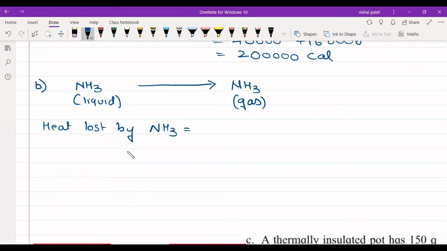So the substance which is used to cool will get heated up. That is M into L. Now we don't know the mass, students. And the latent heat, if you see in the question, it is given as 341. So 341 into M calories.